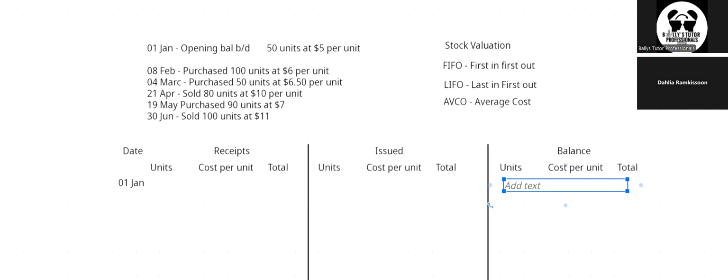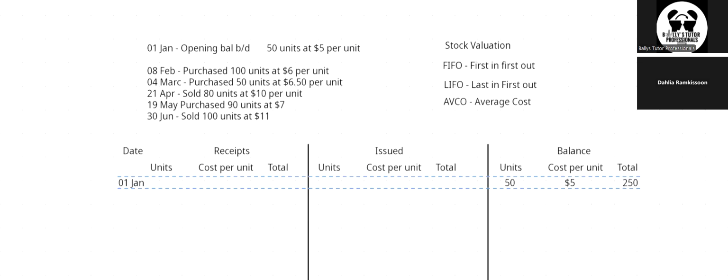How will we calculate it? 50 multiplied by 5, right? Which is 250. Boom. So that's how we'd start off.